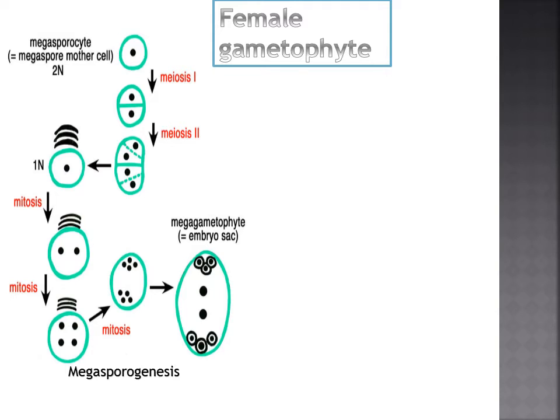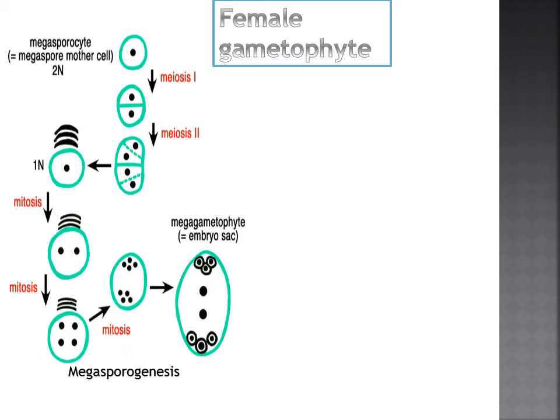That one megaspore performs mitosis division and produces 2 nuclei. Again they perform mitosis division and produce 4 nuclei. Again they perform mitosis division and produce 8 nuclei. Now from those 8 nuclei, 6 nuclei are covered with cell wall and convert into cells.